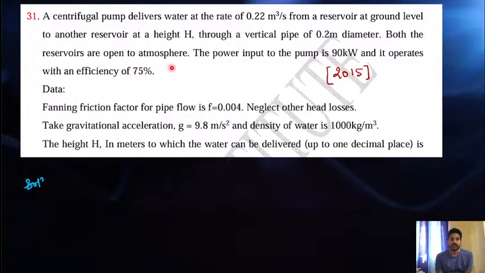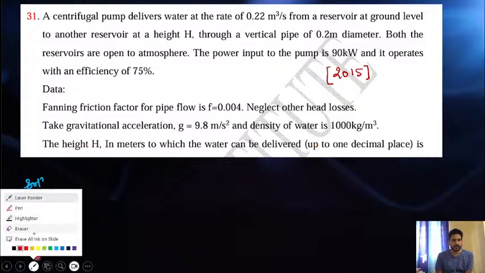It means we have the overall efficiency and the shaft power. Fanning friction is there, so we have to consider the friction head loss, and neglect other head losses. You have to consider only the friction losses. Take the given g value and density. Now the height H in meters to which the water can be delivered; so we have to calculate this capital H, right?